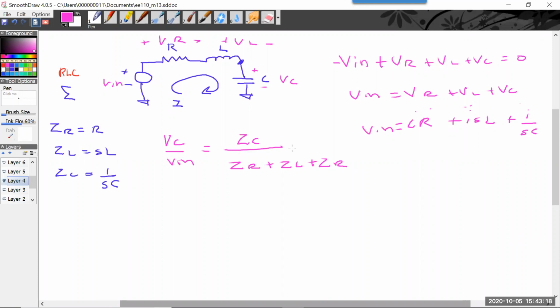But really, in this case, I would just use voltage division. So we have 1 over SC, R plus SL.